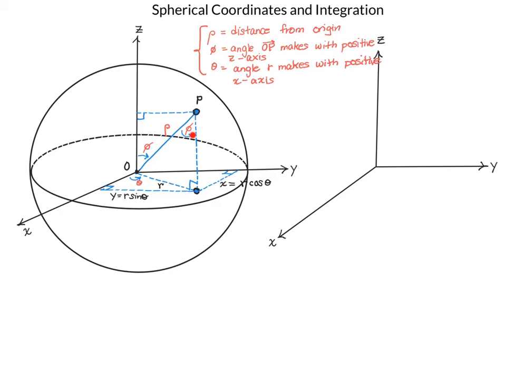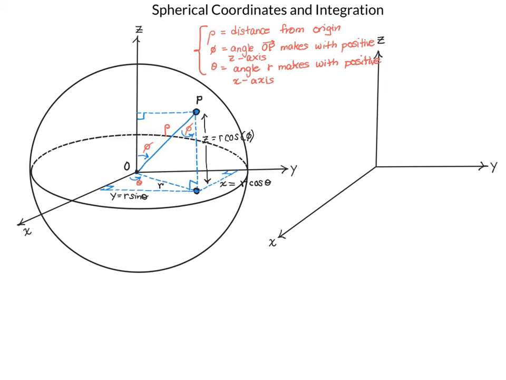Now, using the Pythagorean theorem or right triangle trigonometry, we know that this height, z, let me write this down, that this height right here, and we'll draw a little line which represents z, is equal to r times the cosine of phi, because this is the adjacent side to phi.